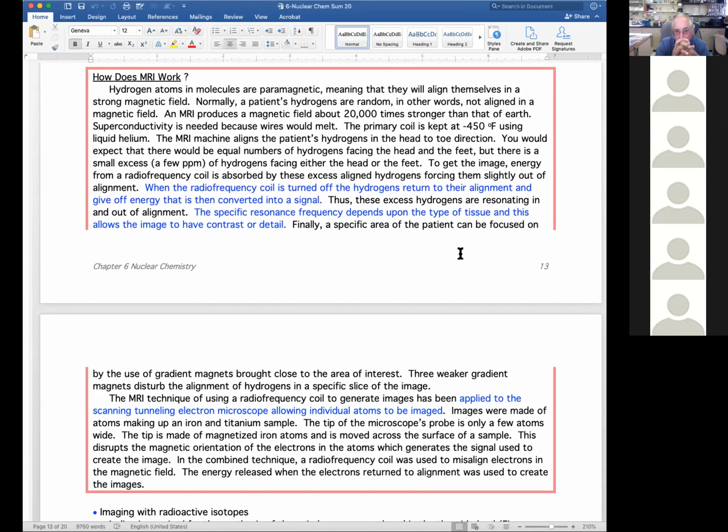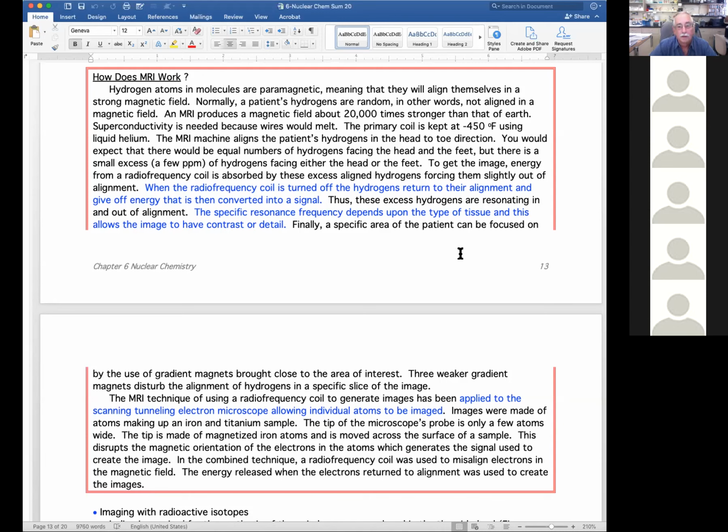Because of that, they actually are paramagnetic. So if I take a bunch of hydrogen-containing compounds, such as your body, for example, and I put them in a very large magnetic field, I can get those hydrogen atoms to align in that magnetic field. Okay?